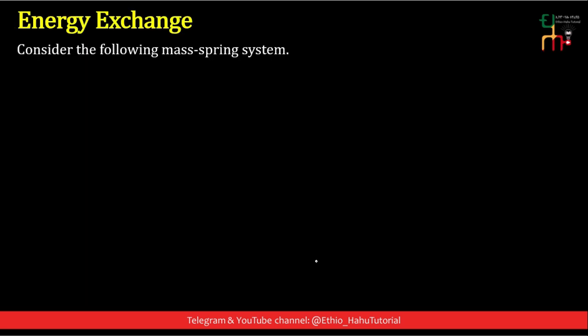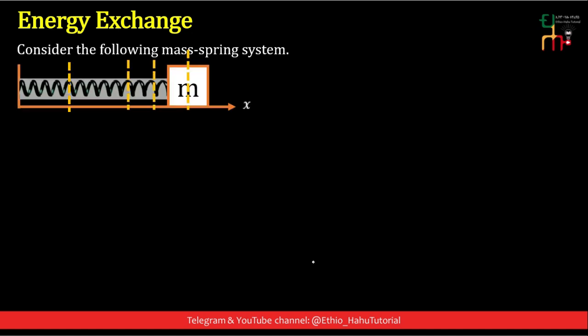Let's consider energy exchange. Consider the following mass spring system. This is a block of mass m attached to a spring of force constant k, and assume this is the equilibrium position, x is equal to 0, and this is the maximum point of oscillation, x is equal to a and x is equal to minus a.